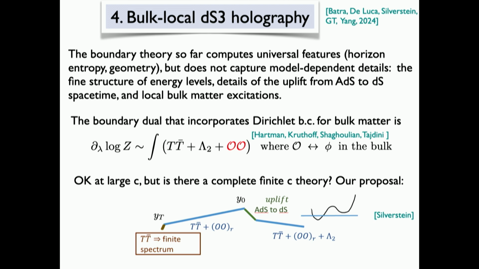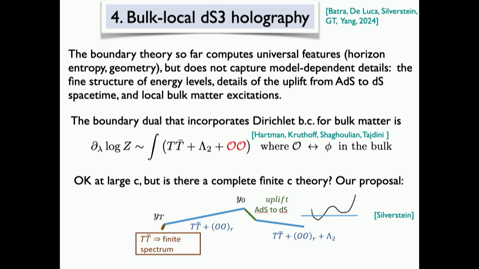After we have that finite quantum mechanics system, we just continue with TTbar, and then these double trace deformations can be defined, okay? Because everything is finite, and I'll discuss that in the next slide. So they can be given an unambiguous meaning in this finite quantum mechanics system.